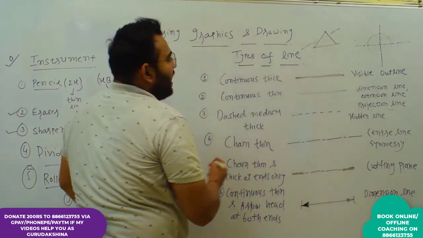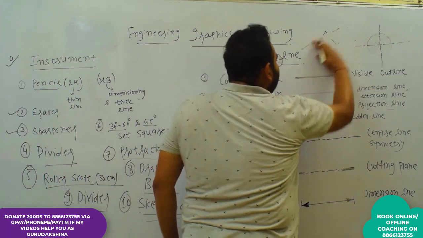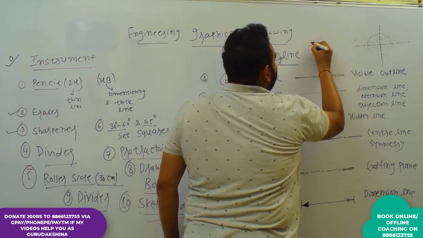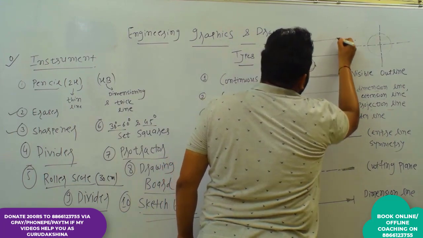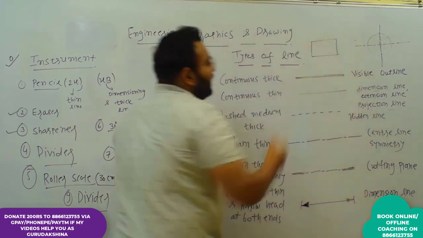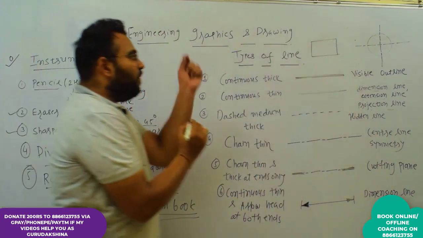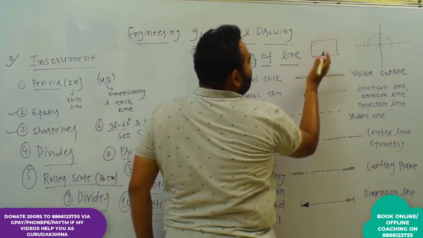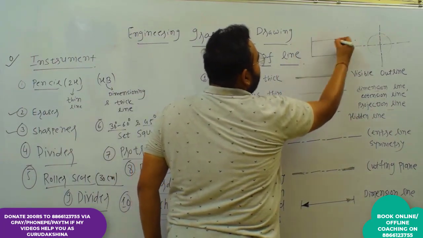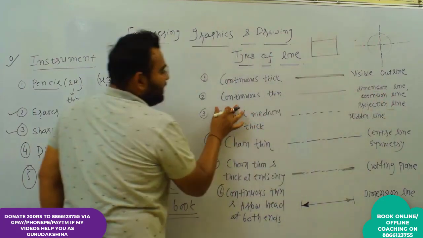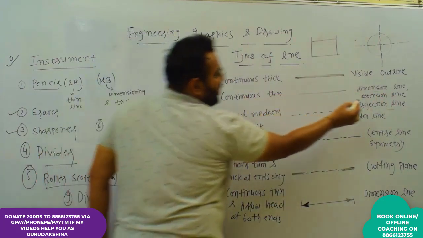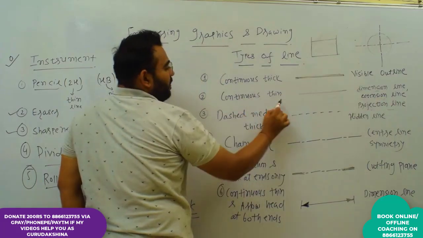Let's say we are having one rectangle with us. So let me draw one rectangle. I want to show the dimension. So how to show the dimension? First, if I want to show this size, I will draw an extension line from here and an extension line from here. An extension line is drawn with continuous thin line.